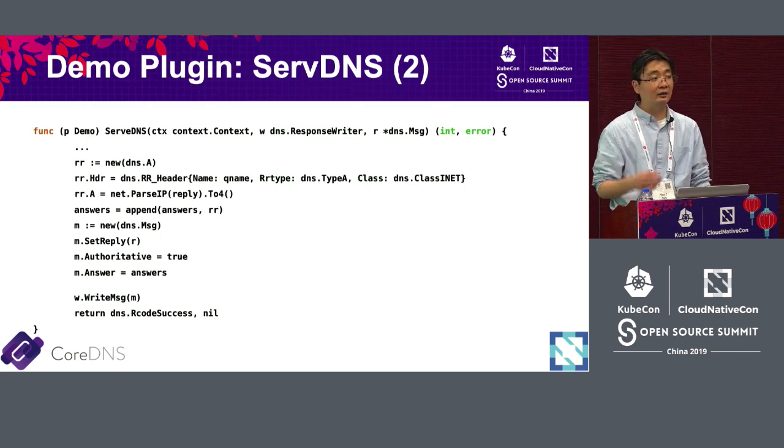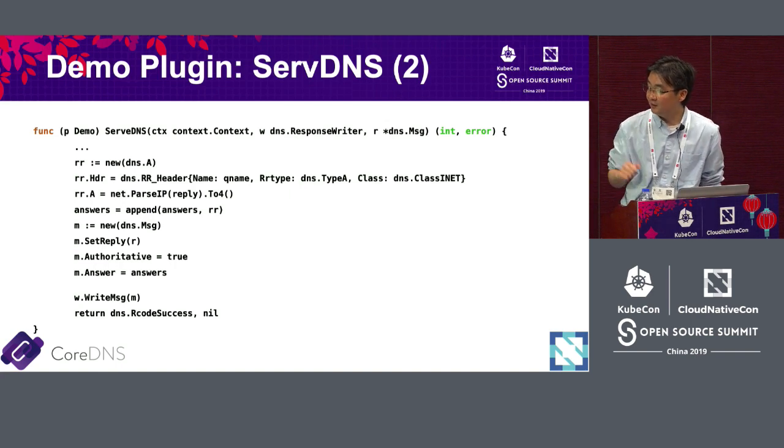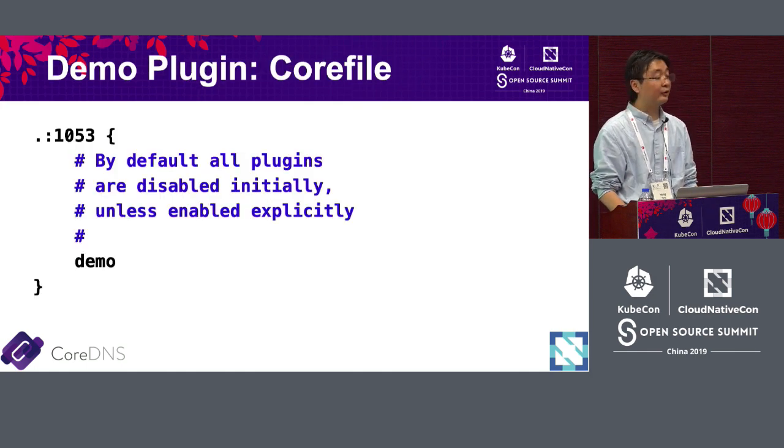As we discussed, we have different IP addresses to be returned. So we just take the IP address and inject that into the DNS response packet, and we decide to return. That's actually pretty much it for a plugin.